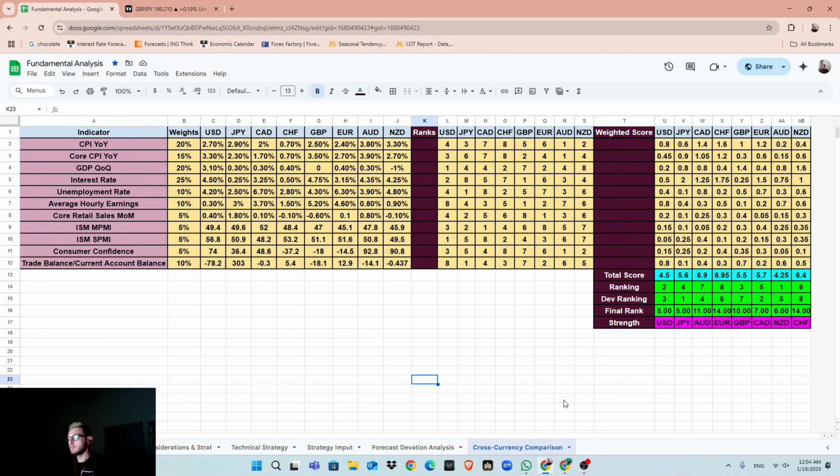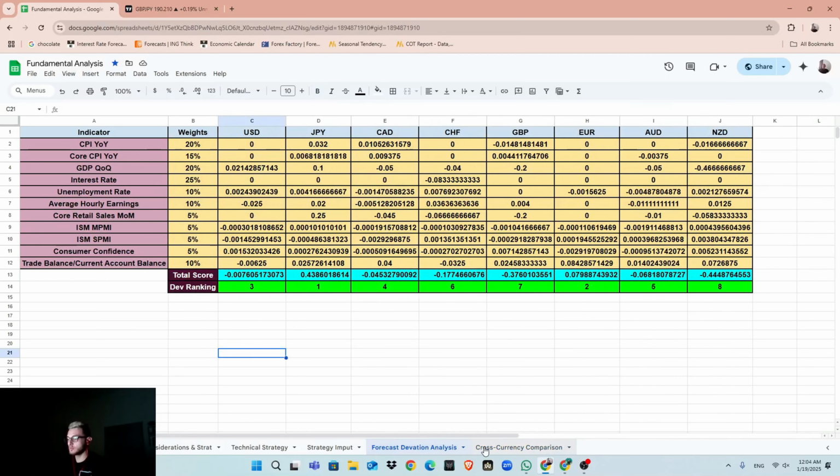Then I have a cross currency comparison. This sheet right here compares every single data with each other, and then it has weights to it. Then we have the total score, the ranking right here, and the deviation ranking, final ranking, and then the strength based on these two.